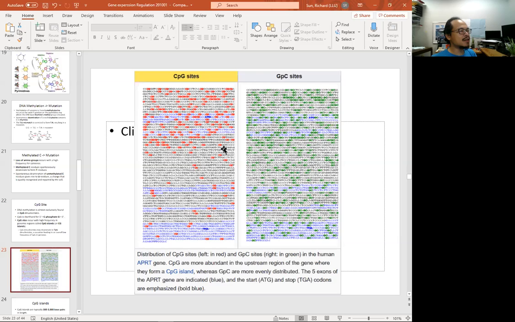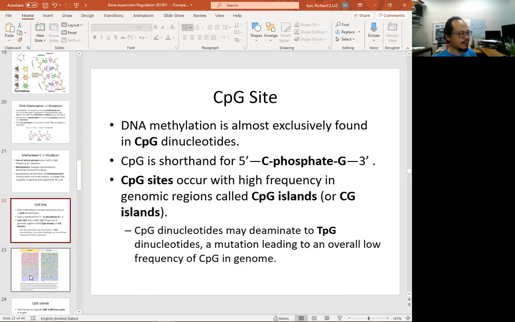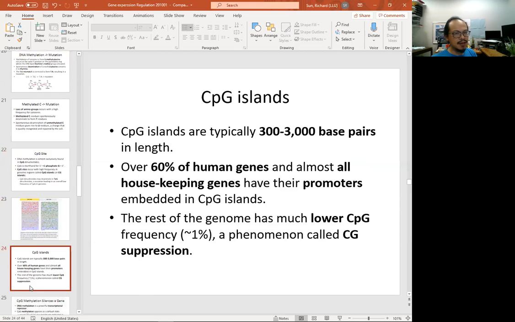It doesn't show it here, but this is also the location that controls the gene expression. So this is meaningful. And when we have methylation in the CG island, it means suppression.